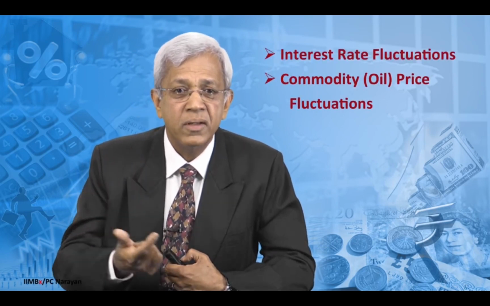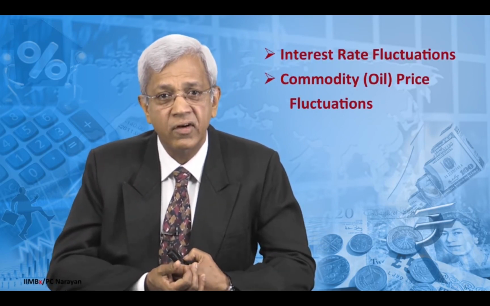A combination of those factors makes managing operating exposure a huge challenge. Some firms use more sophisticated techniques like regression analysis to estimate the sensitivity of their future cash flows attributable not only to exchange rate fluctuations but several other variables, including interest rate fluctuations, commodity price fluctuations, etc.